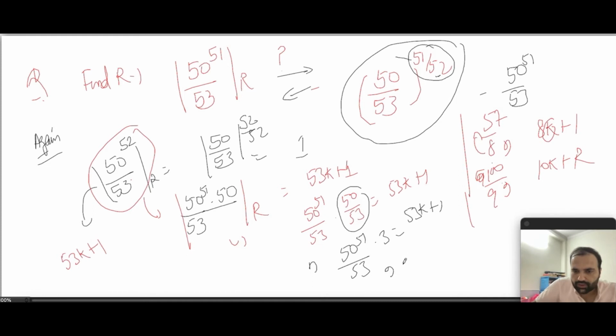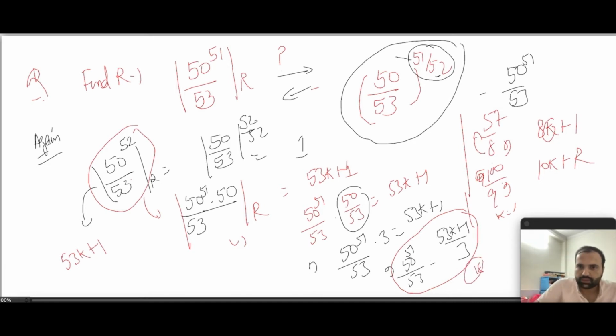So 50 to the power 51 by 52 is equal to 53k plus 1 by 3. Now for what value of k can this equation be solved? If we take k equal to 1, we have 54, so we have 18, which means the remainder would be 18.